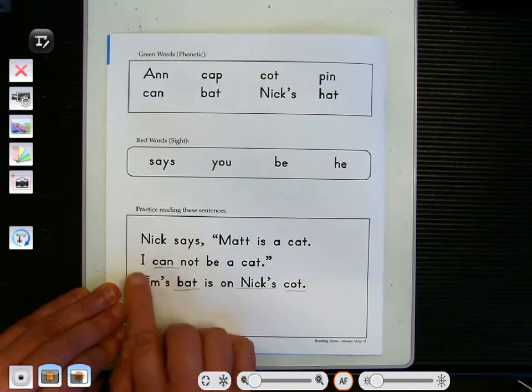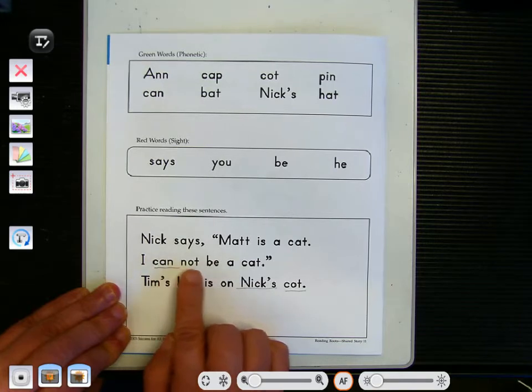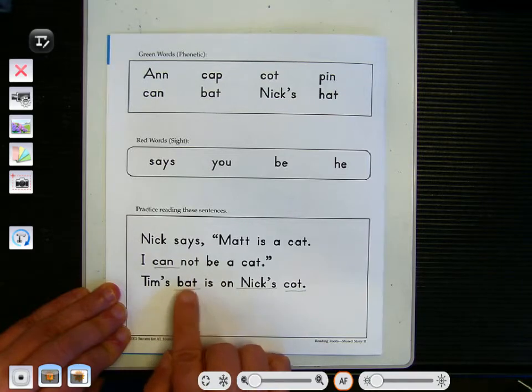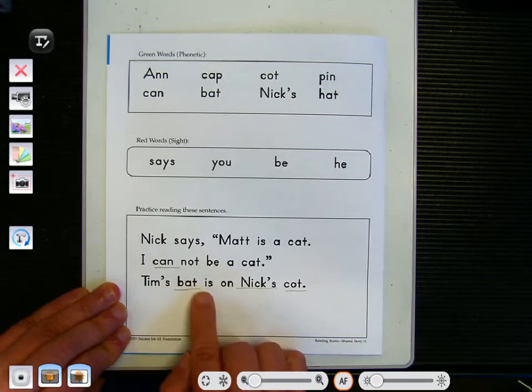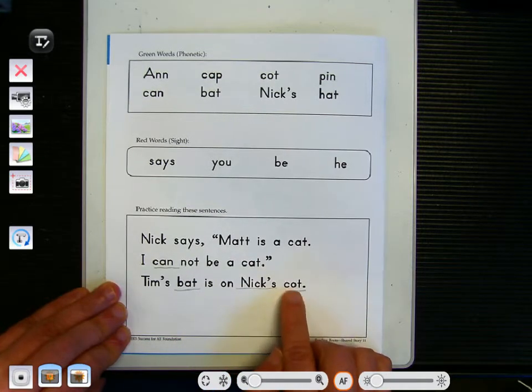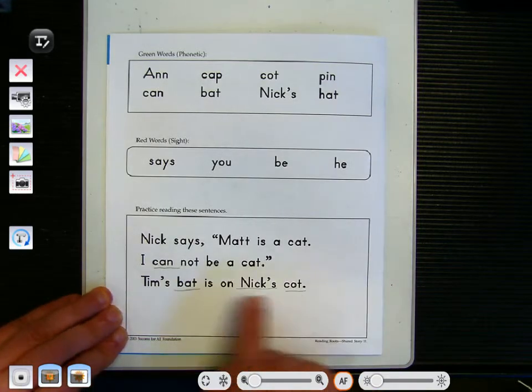Your turn. Tim's bat is on Nick's cot. Your turn.